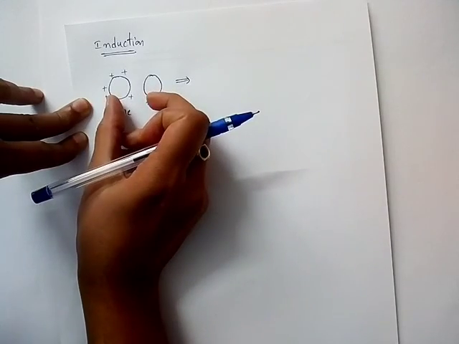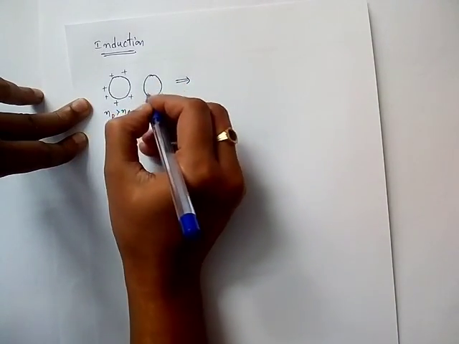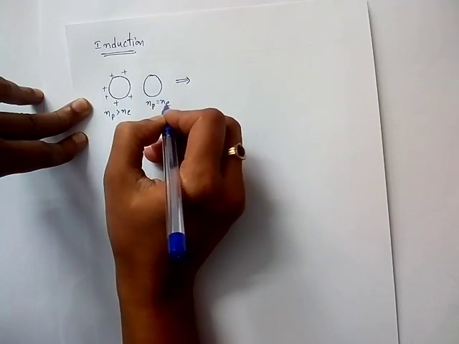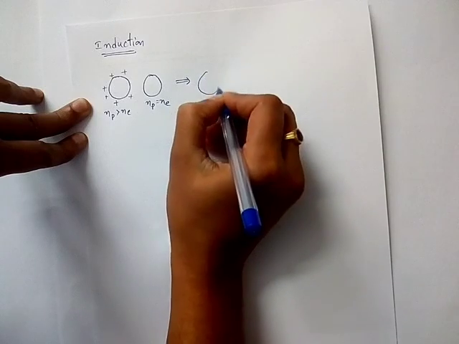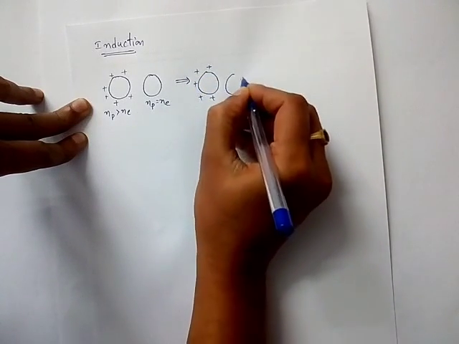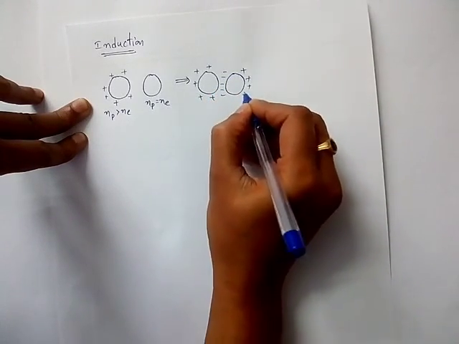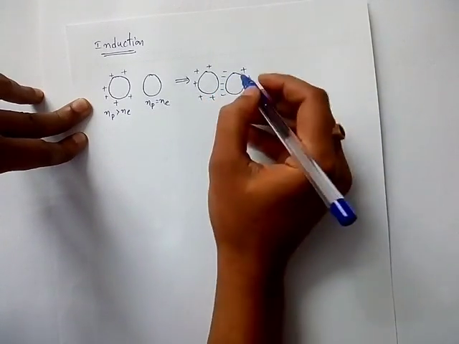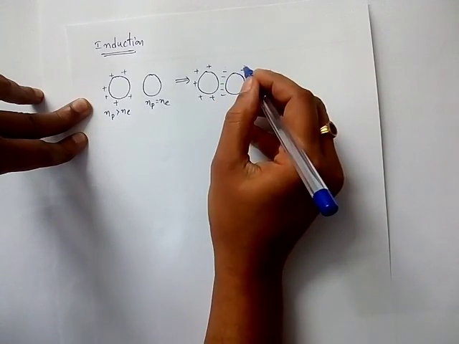If they are nearby also, due to this positive charge, this uncharged sphere has electrons and protons, right? So all the free electrons will come towards this positively charged body due to attraction, and the positive charges will be on the other side. Now here all the negative charges, here all the positive charges.